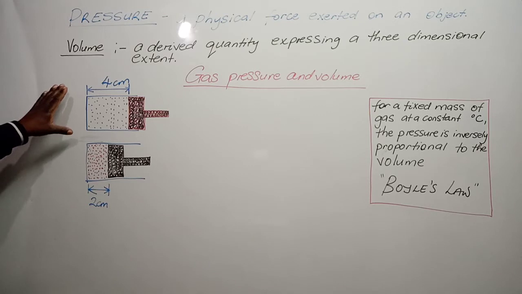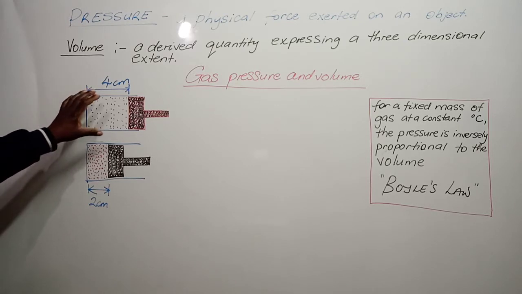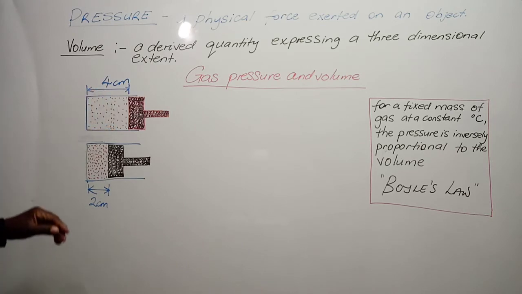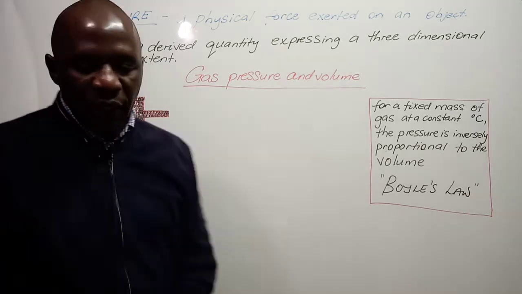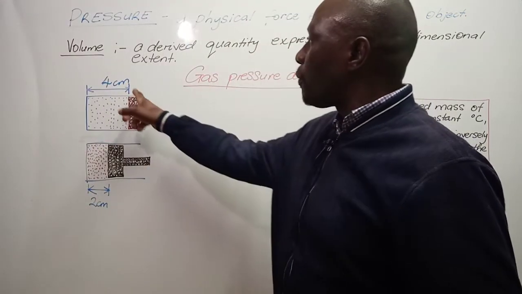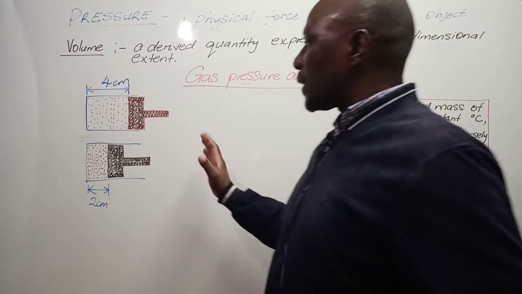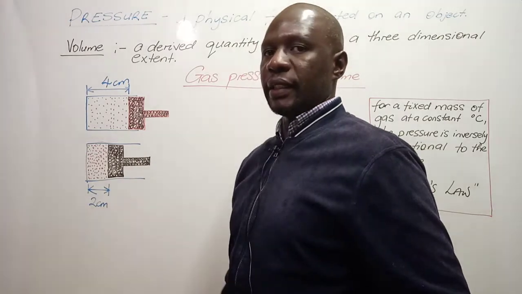and as we can see, there is gas that is contained in this container. I have put a measurement there of 4 centimeters, the length. And the gas is now compressed.